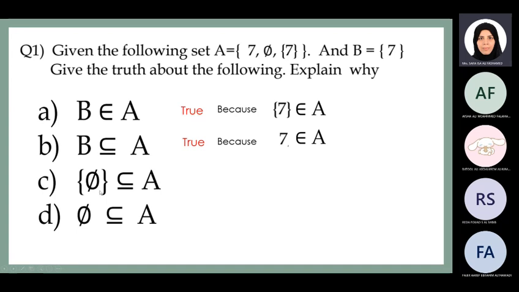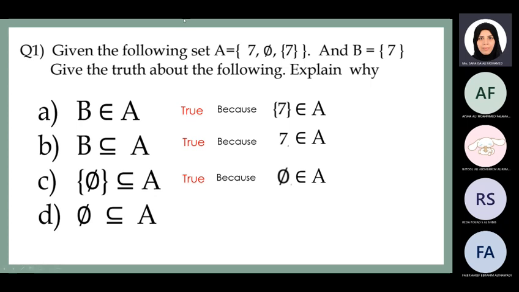So I look over the elements here. How many elements do I have? Only 1, which is phi. Phi is a member belonging to A. We go and check: 7, 5, phi. Yes, phi is a member in A. So this is true because phi is listed inside A.